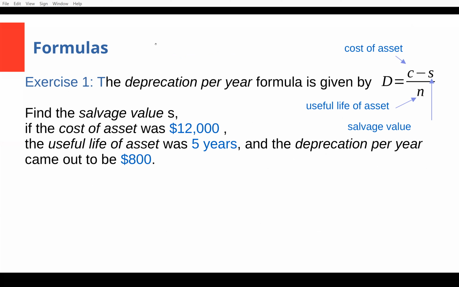So the depreciation per year formula, and by the way, this was just the example for it, is given by this formula. The depreciation means the final value. If I'm not mistaken, oh no, so depreciation per year only. So this formula is a little bit changed from what you saw, because it's the depreciation per year, not the final one. What it is, it's the cost of the asset.